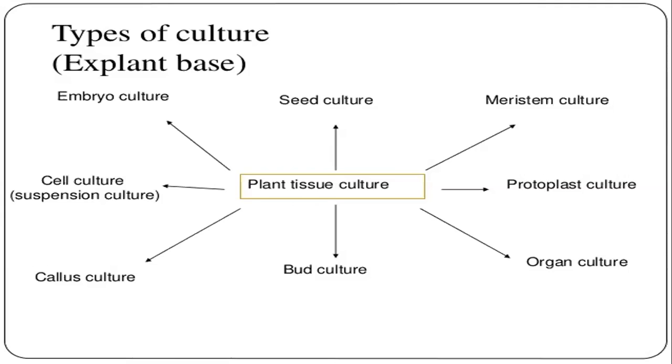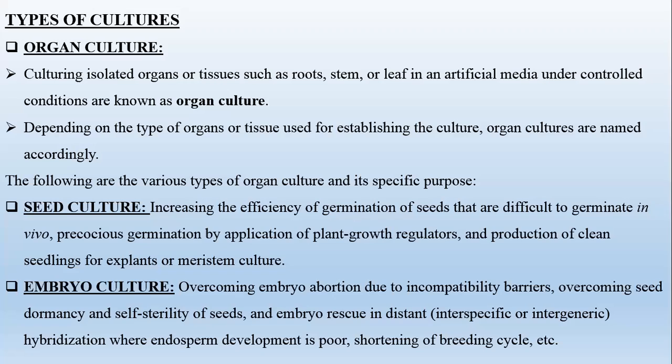Cell suspension is nothing but an unorganized mass of tissues which is kept suspended in liquid medium. In detail we'll see later. And callus culture, as we know, callus is the unorganized mass of tissue which is produced on or nearby the explant on nutrient medium, is called callus, and the culture is callus culture.